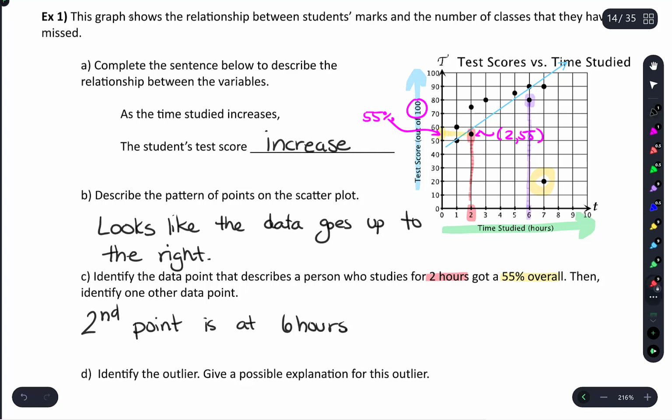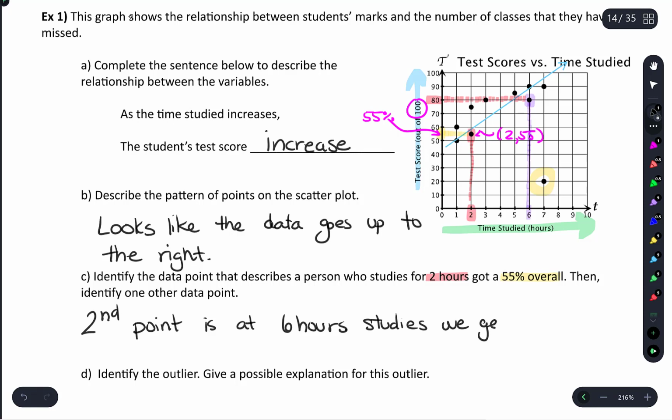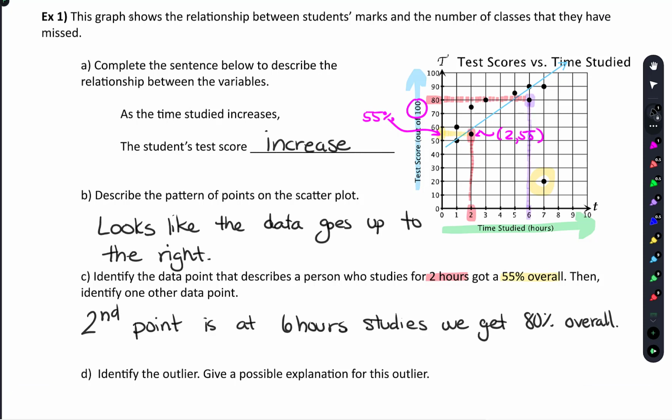And now let's figure out where it crosses on our vertical axis, the up and down axis. It's at 80. So what does that mean? That means if 6 hours studied, we get an 80% average. Okay. So at 6 hours studied, we get 80% average overall. Now, this is an example problem. It doesn't mean that the more you study, the higher your average. It's just the example that we have here on this graph.